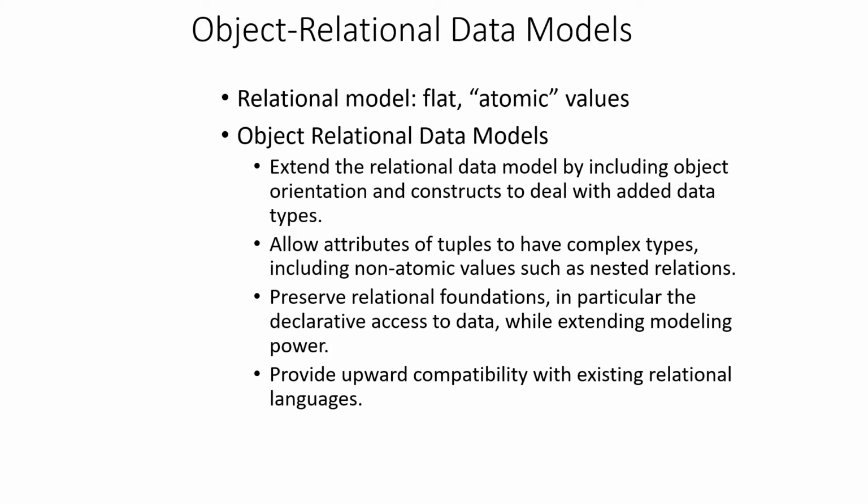They allow attributes of tuples to have complex data types, including non-atomic values such as nested relations. They preserve relational foundations, in particular the declarative access to data, while extending modeling power. They provide upward compatibility with existing relational languages.